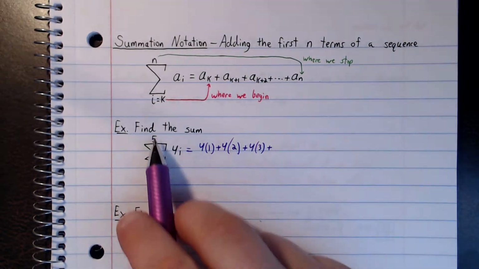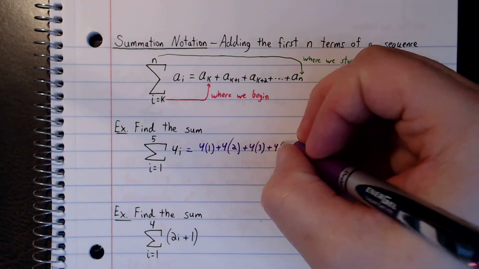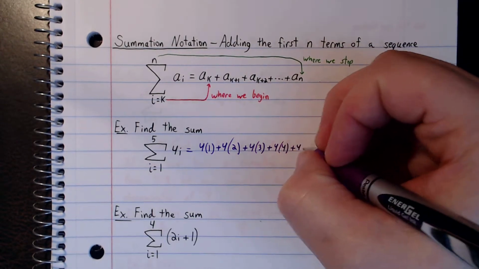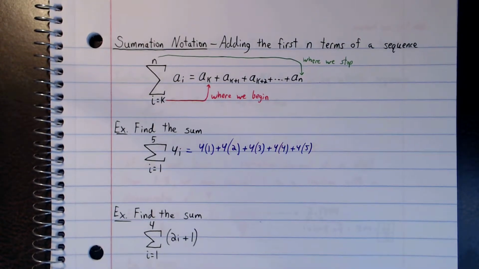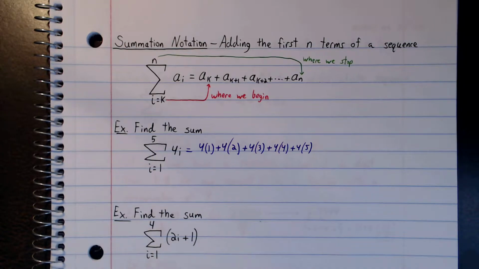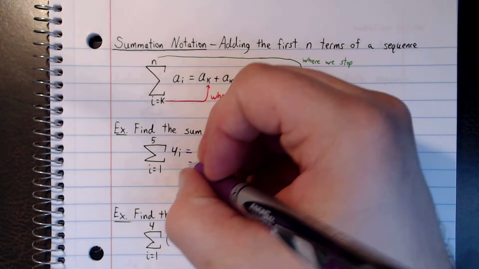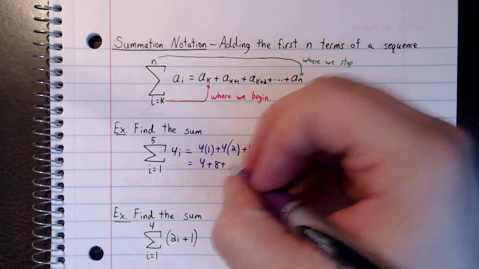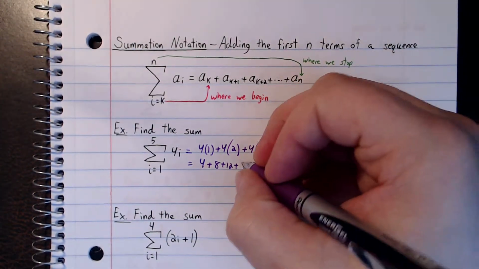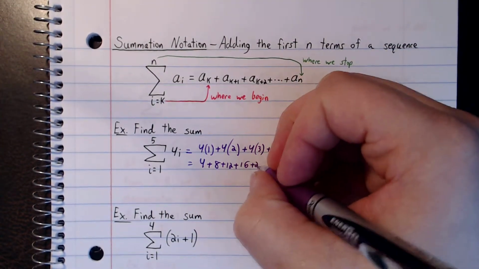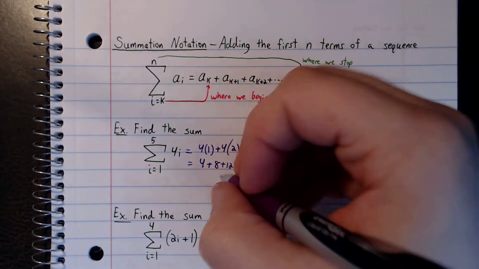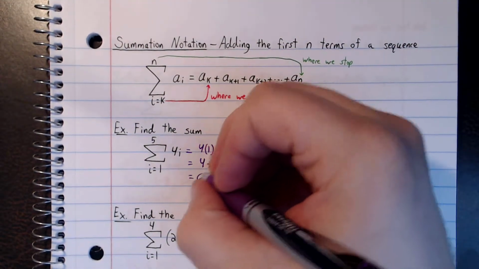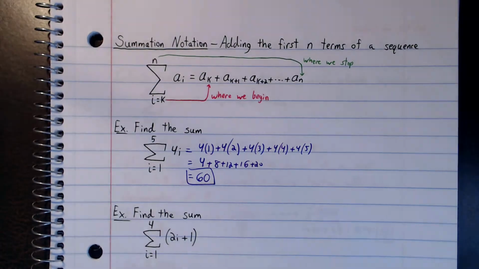And I have to do this until I get to 5. 4 times 4 and 4 times 5. So those are all the things that they're looking for me to add. Let's see. 4, 8, 12, 16, 20. And if we add all those together, we end up with 60.